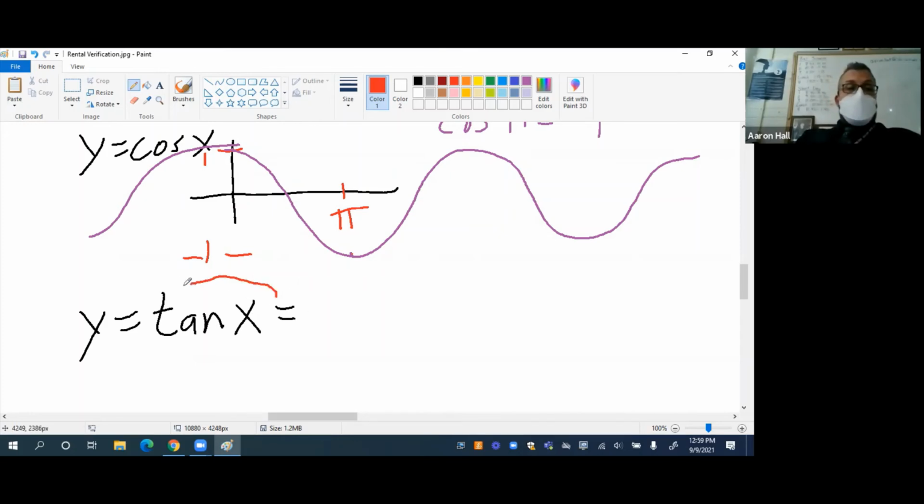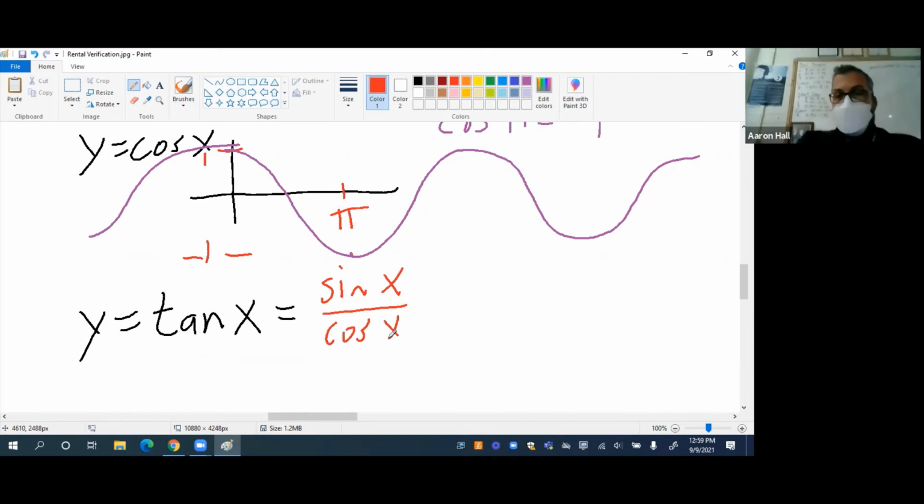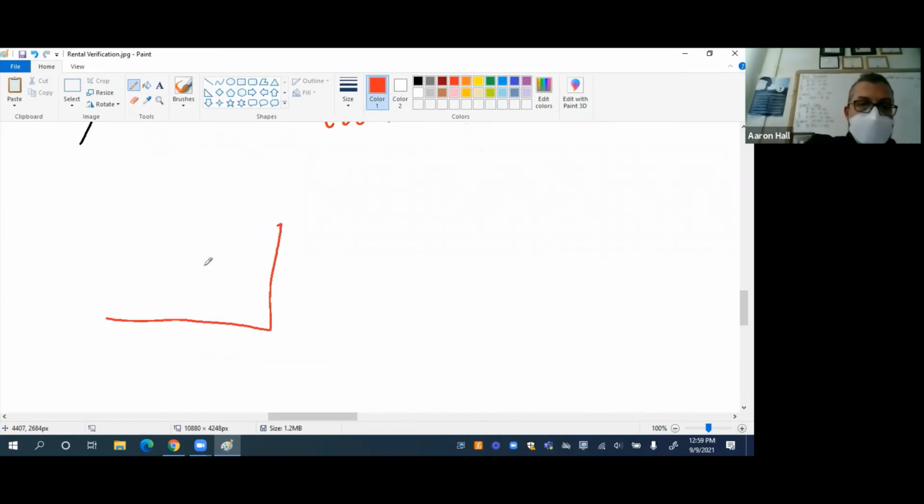We talked about the ratio that represents tangent. Does anybody know what that is? Yeah, it's sine of x over cosine of x. Here's sort of a proof for you. If this is theta, this is my opposite side.